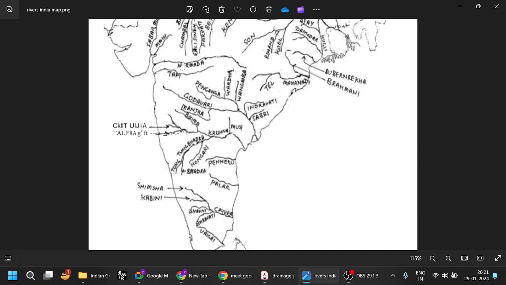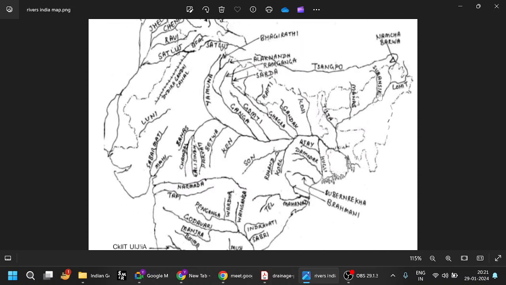Only Narmada and Tapi, which is in this part, Gujarat, are two rivers in peninsular India which are flowing from east to west. They are going into the Arabian Sea. So that is a very important point. You have to remember. Most of the peninsular rivers are going from west to east into the Bay of Bengal, but Narmada and Tapi are going into the Arabian Sea.